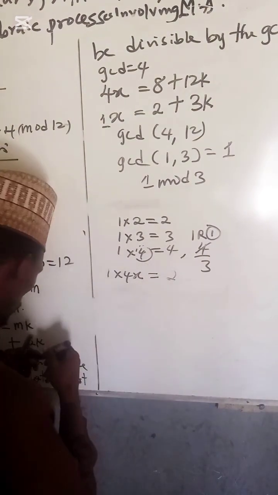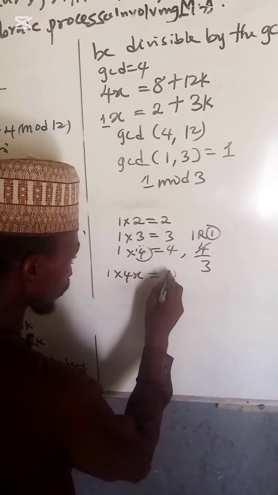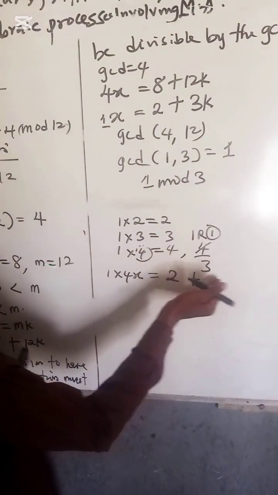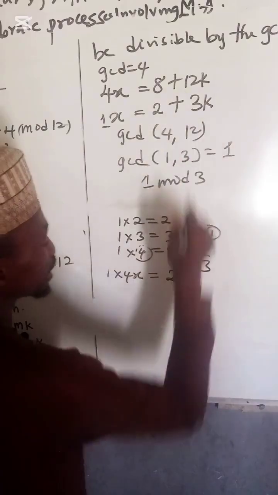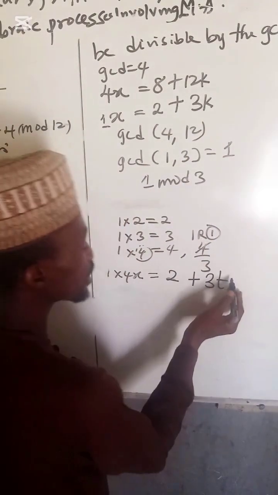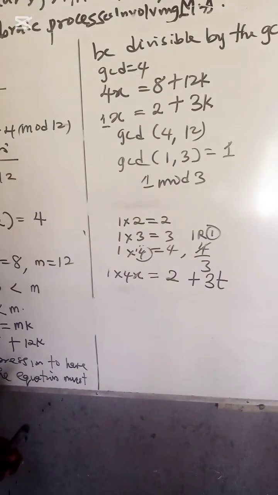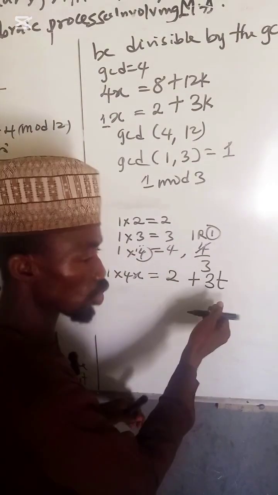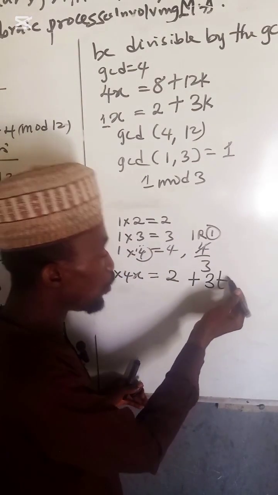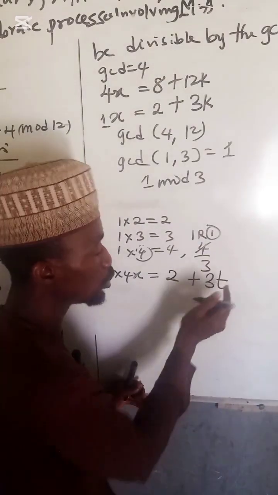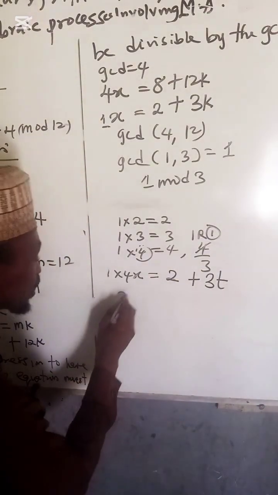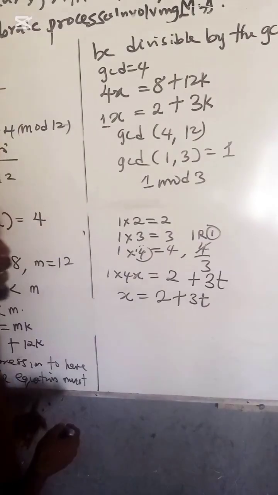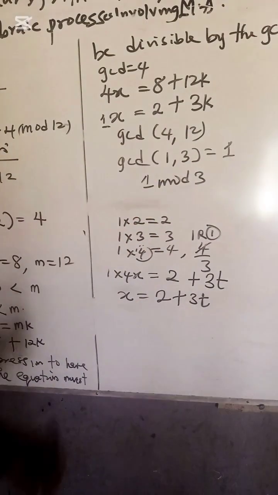So we have 2 plus 3 times 4, 12. But remember, we change the 3k to 3t, because these are all multiples of 3, irrespective of the number you are using to multiply this 3. It will still give you multiples of 3. To showcase that the multiple has changed, we change from k to t. Now, you have x is equal to 2 plus 3t. We fall back to what we had here.